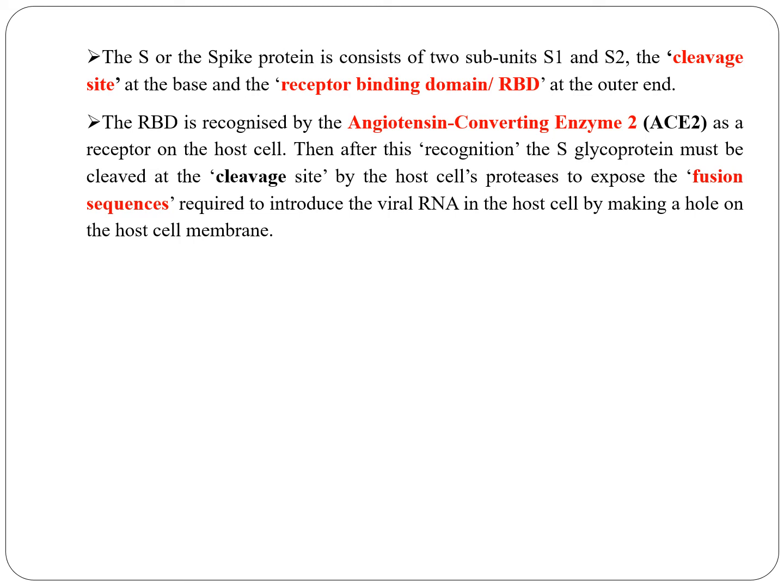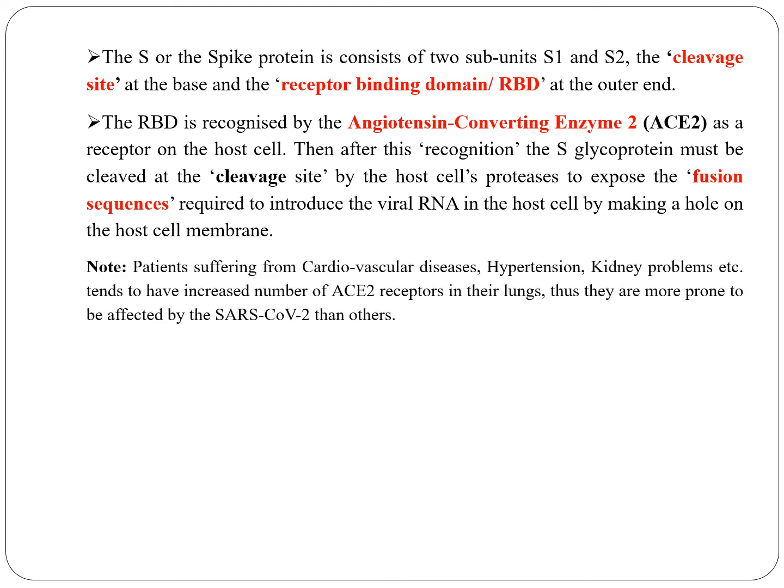This RBD of the SARS-CoV-2 is first recognized by the ACE2 on the host cell. Then a protease released from the host cell will break the cleavage site and expose a fusion sequence from the virus, which will enable the virus to fuse with the host cell membrane.